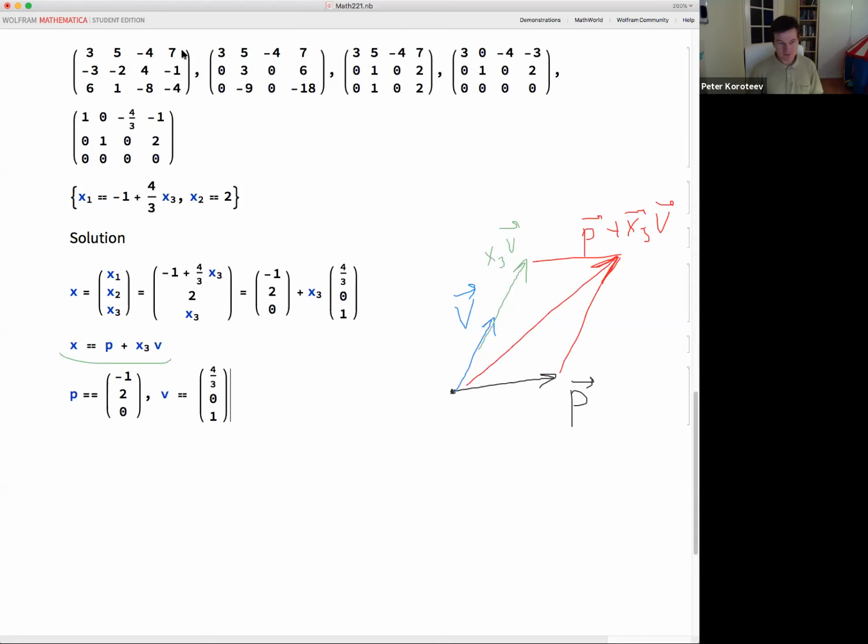Now it looks a bit different from the span. Span, spam is what you get in your email. And then you can also go in opposite directions, to the negative direction. Basically there will be a line. So this line is span v. And then from every point you can get this shift by p.